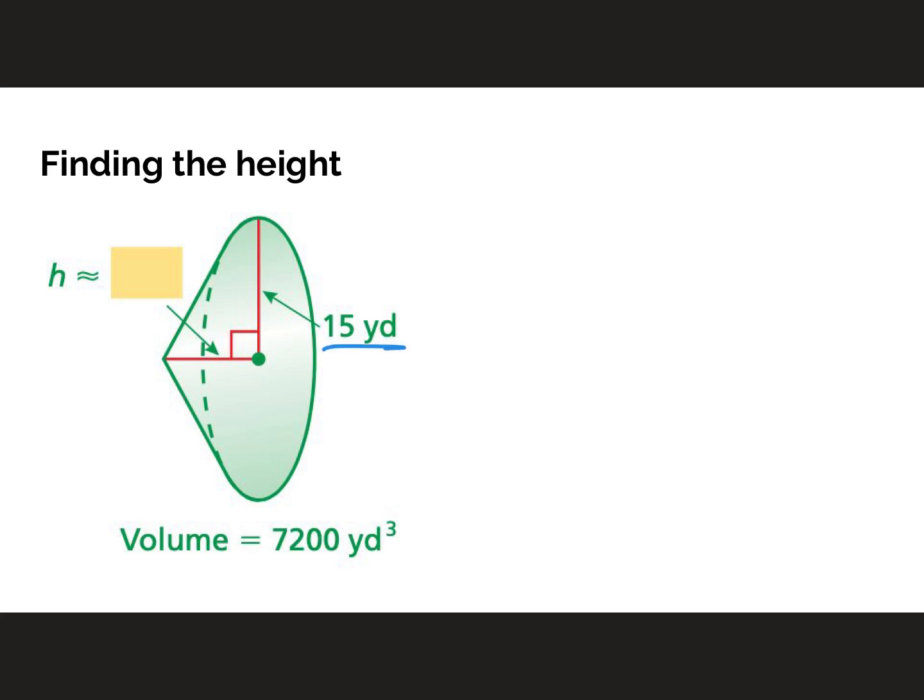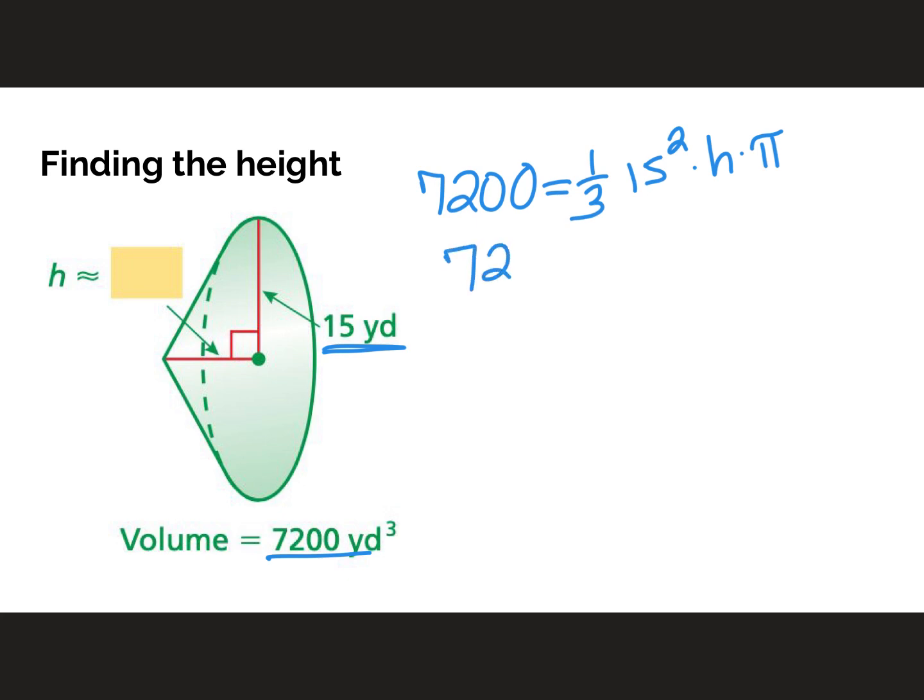I have a radius of 15. I have a volume of 7,200. So I have 7,200 equals 1/3 of 15 squared times h times pi.